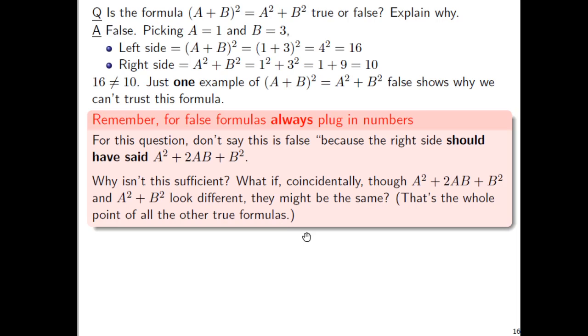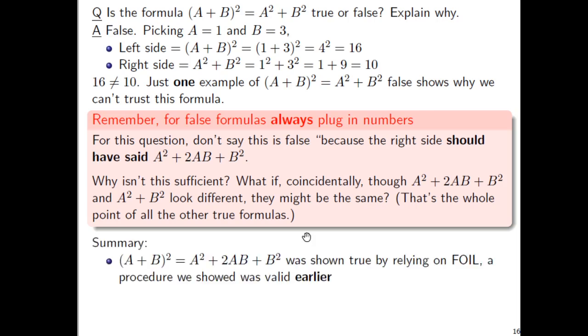Why can't I just argue about what the right side should have said? Well, it just doesn't work out this way. It requires more argument, but why couldn't it maybe coincidentally have been that a squared plus 2ab plus b squared and a squared plus b squared, while they look different, maybe they were actually the same. And that's just too much of an extra argument to go into. So instead of doing that, just plug in numbers for the false formulas.